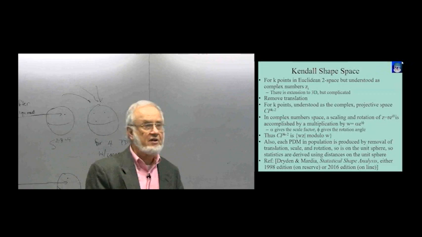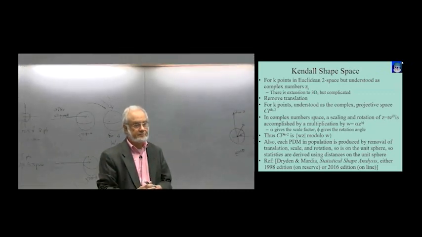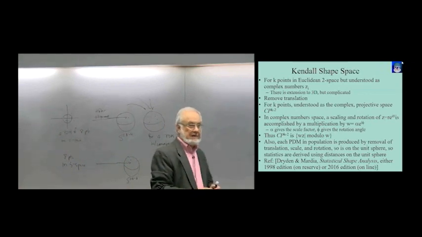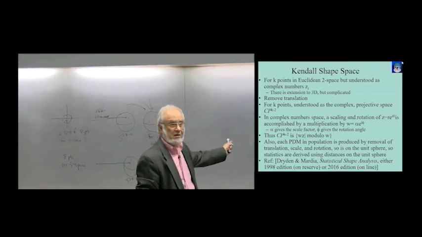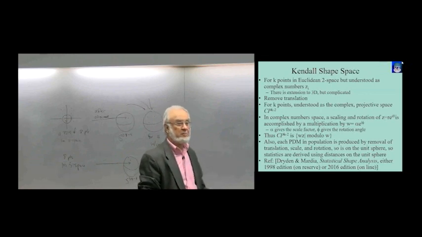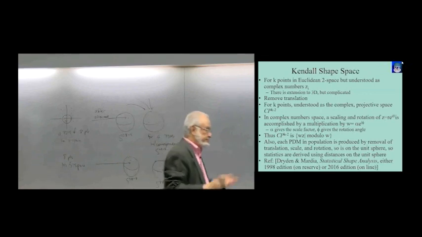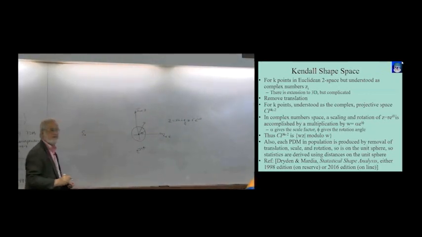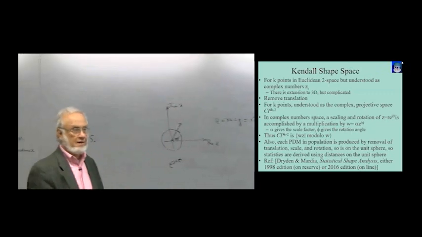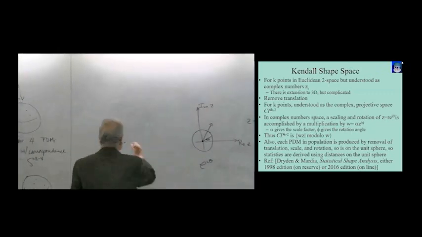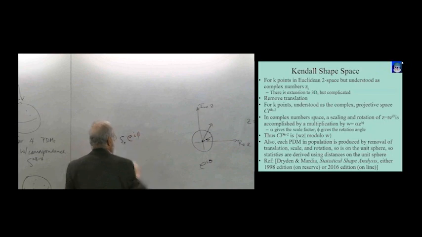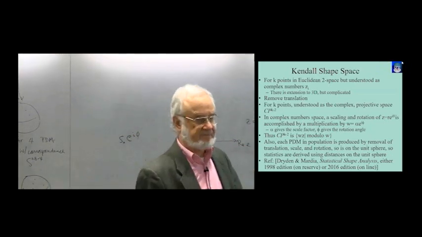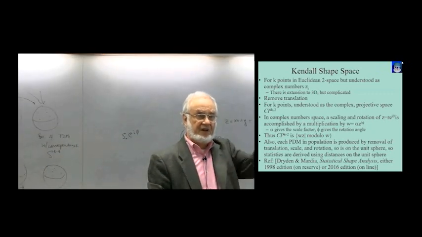And they point out that scaling is simply multiplication of any point in the space by a scaling factor, S naught, and rotation is just multiplication by e to the i phi, where phi is the rotation angle in the space.